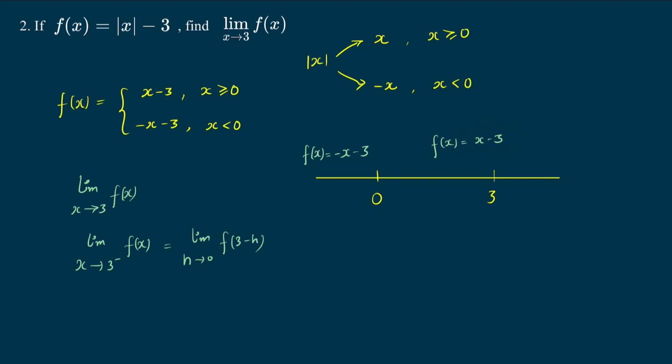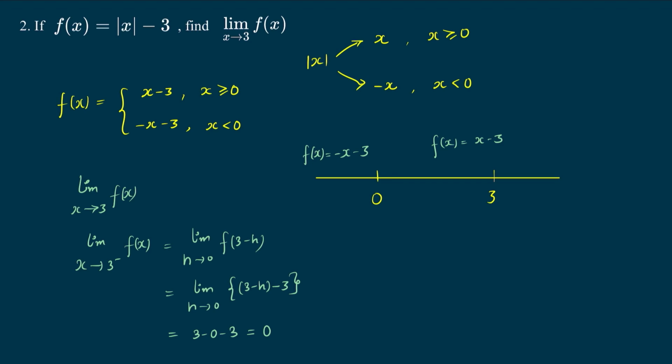So limit h tends to 0 f(3 minus h) can be written as 3 minus h minus 3. In place of this x I have 3 minus h here. Okay, now let me put the value of h as 0. I will get 3 minus 0 minus 3, and finally I will get the answer 0. So my left hand limit is 0 here.